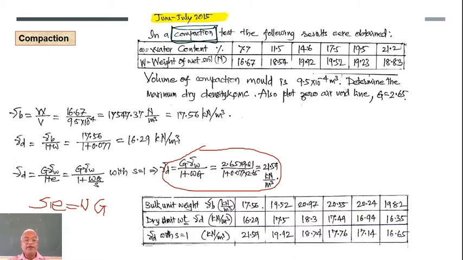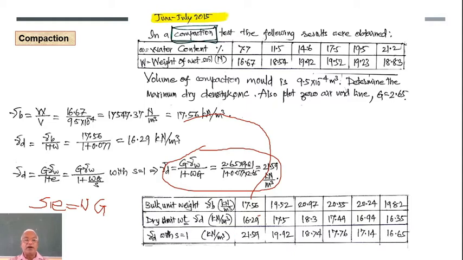That is what you can observe in the next table, here itself. Bulk density values I have noted down. 17.56 has come here, then the plain gamma D value of 16.29 has come here, and the zero air void line gamma D has come as 21.59 here. So all the three values I have calculated and put them here. Similarly, if you carry out other calculations, you will get these values.